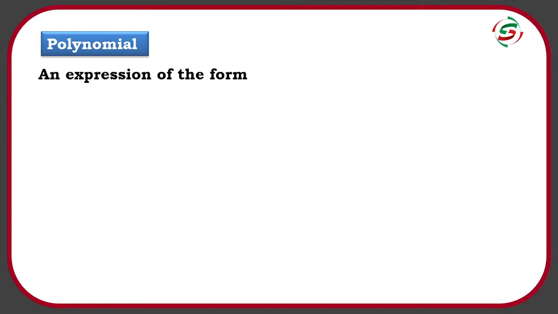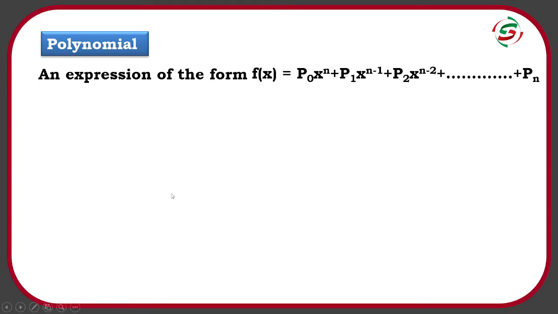That is an expression of the form f of x equal to p naught x to the power of n plus p1 x to the power of n minus 1 plus p2 x to the power of n minus 2 plus so on plus pn is called the polynomial.